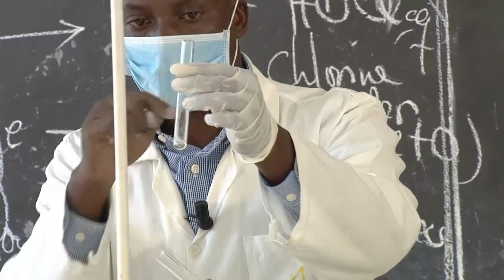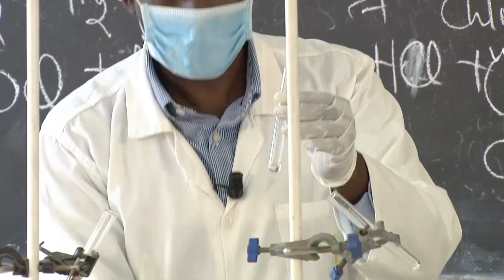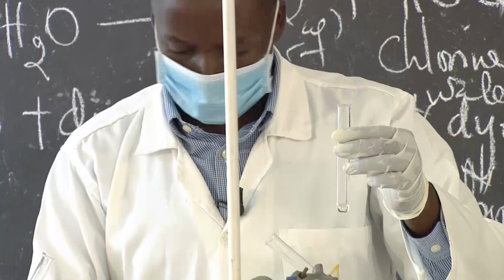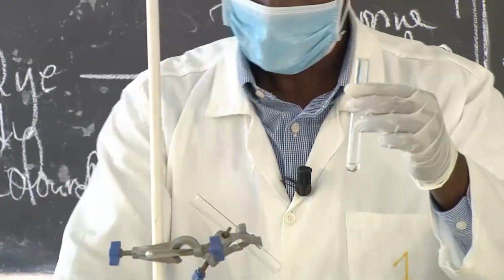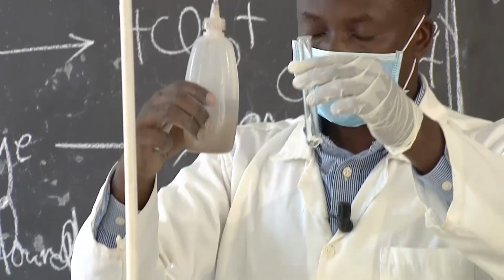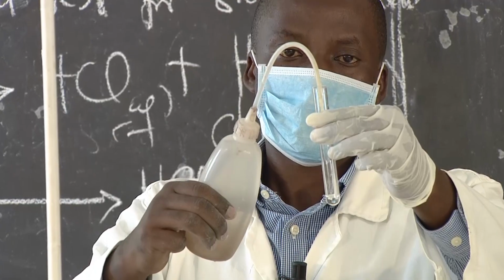We are also going to add, in this solution, the silver nitrate, sorry, not the chloride ions. So the silver nitrate is here. This is the silver nitrate, a few drops first.